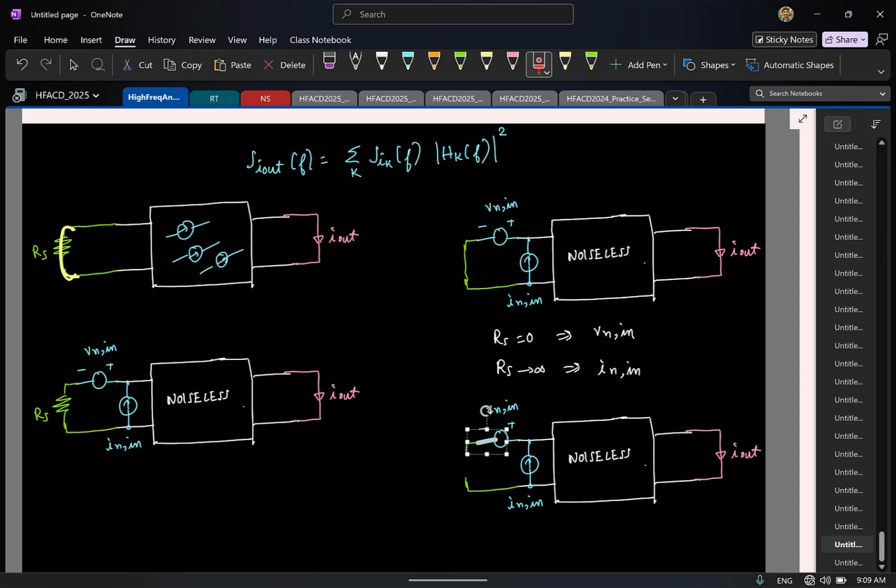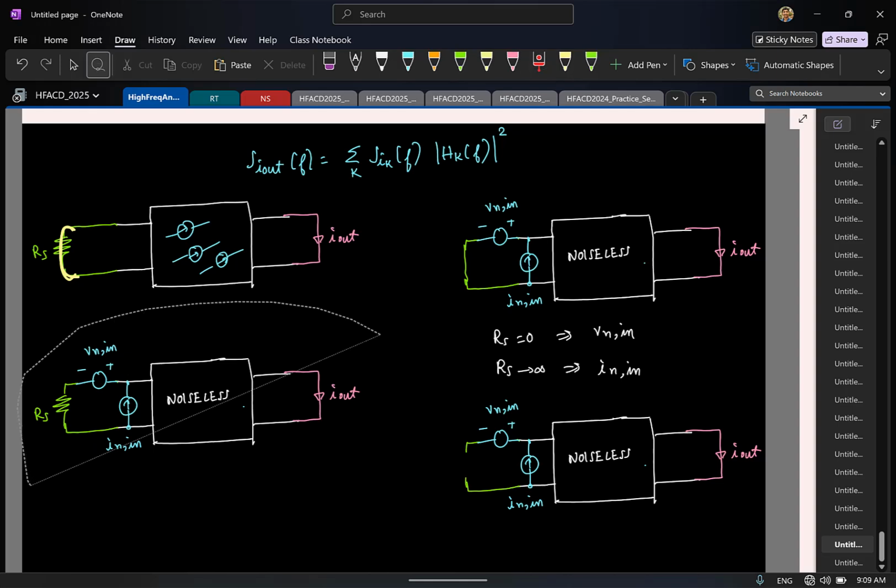You equate the two, you get the voltage power spectral density. Similarly, to find the input referred noise current, you consider RS to be infinity. Although I am looking at the short circuit output current, we can also do the dual. We can look at the open circuit voltage also. We can do either. The final result will still be the same.